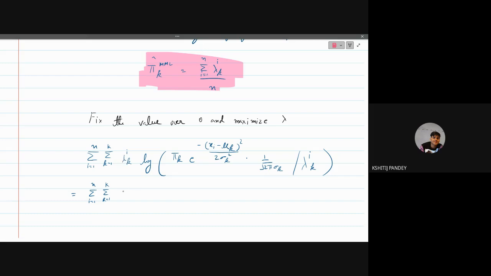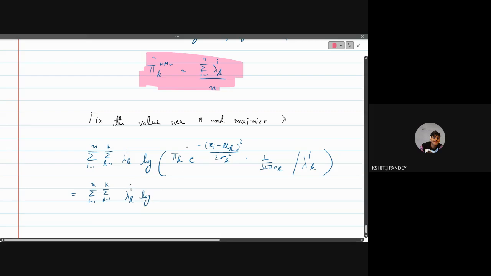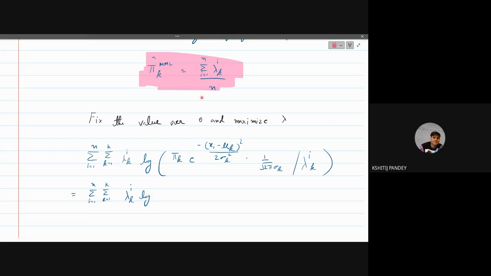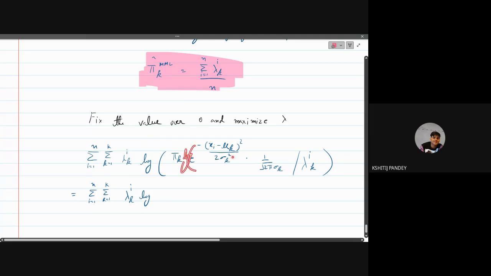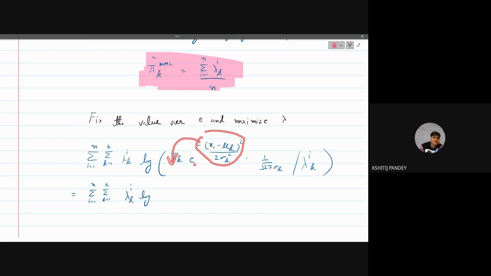Similarly, once you take log of this term, the entire thing in the power comes forward, and you have just log of e which is equal to 1.